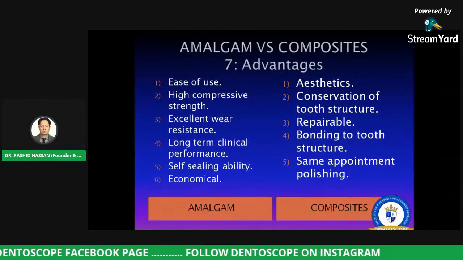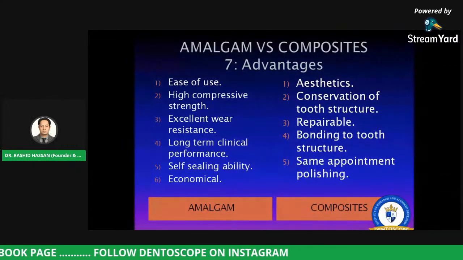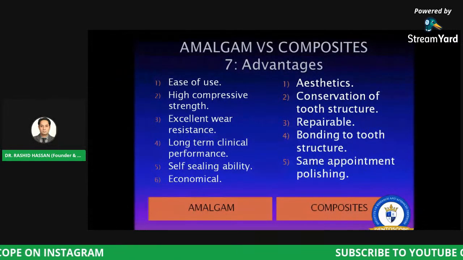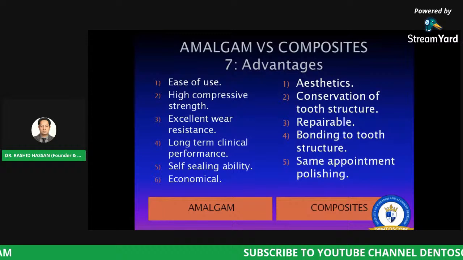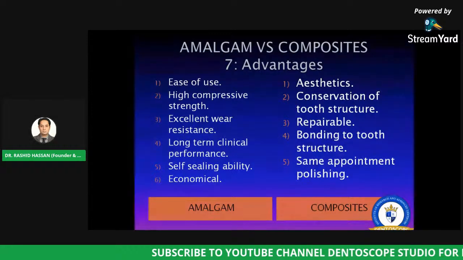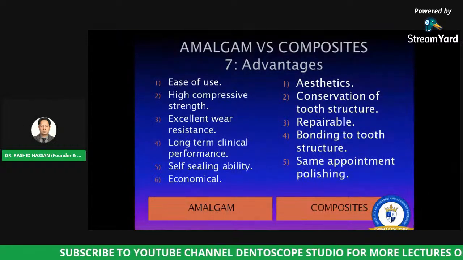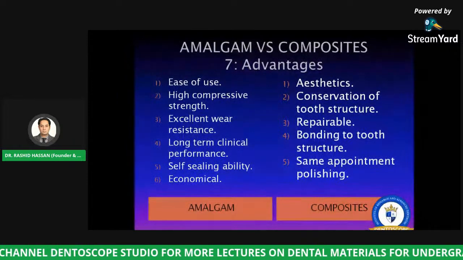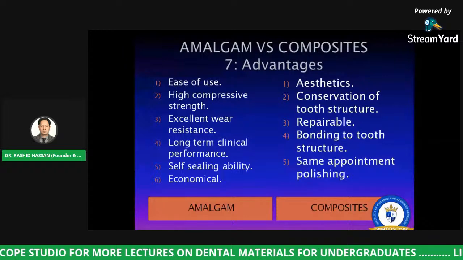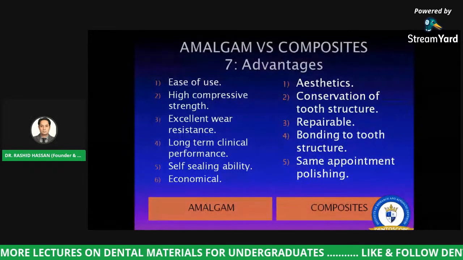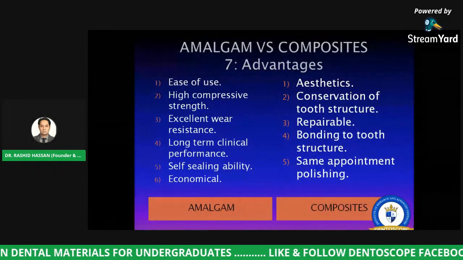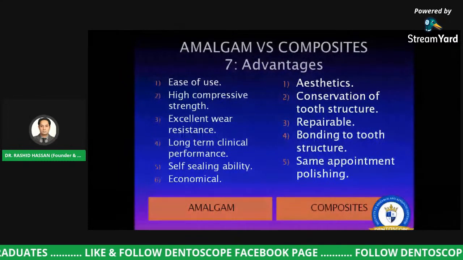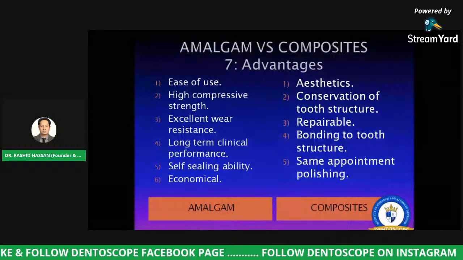It has higher clinical performance than any of the other direct restorative materials. Self-sealing ability is a big advantage, and I'll talk about it in the coming slide. It is also very economical and cost effective for the patient, so he can get his tooth restored with a very small amount of money.